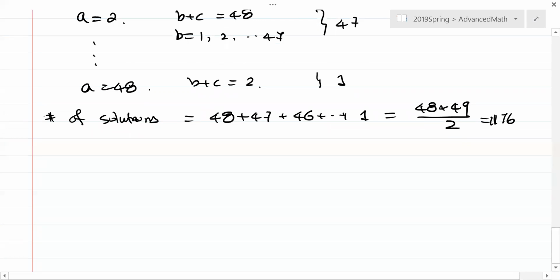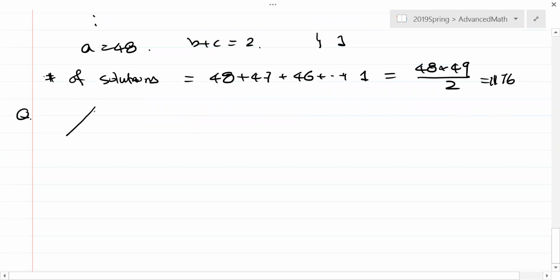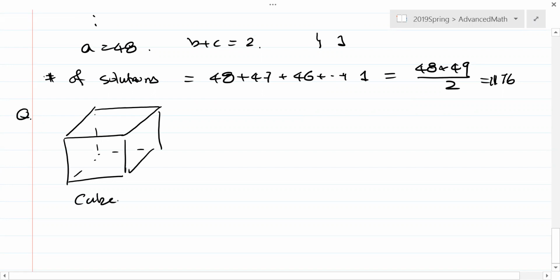All right, so let's go through all kinds of different types of problems today. So the first problem I want to talk about is a review, right? I hope you still remember that. So this is the cube. It's a cube, okay? I know that the diagonal D is going to be 5 inches.